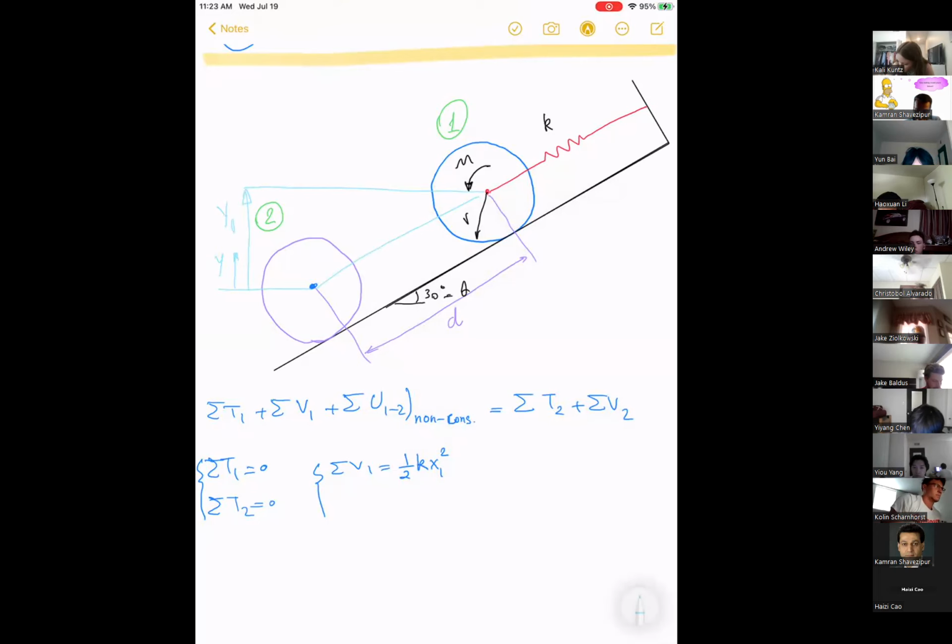And because this angle is 30, first of all, it's sine, it's not cosine, but you got the idea, right? So if that's the case, you're going to get plus mgh, or y1, which is d times sine 30. This is the initial potential energy. Looks good? How about final potential energy?